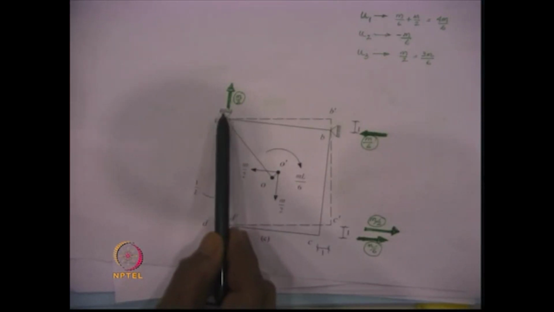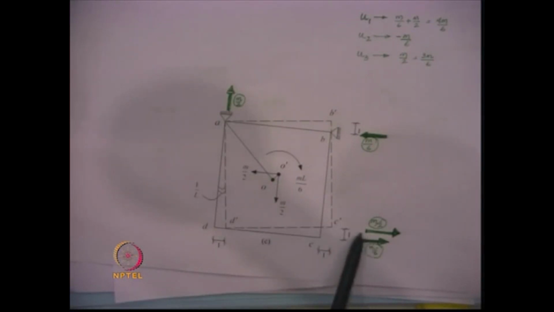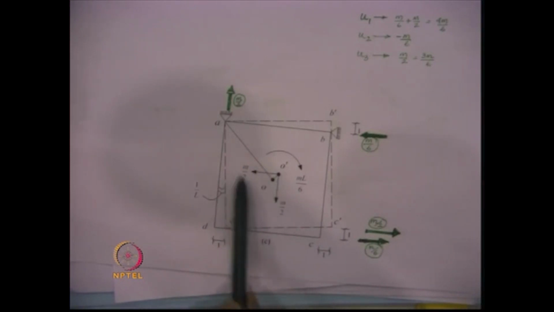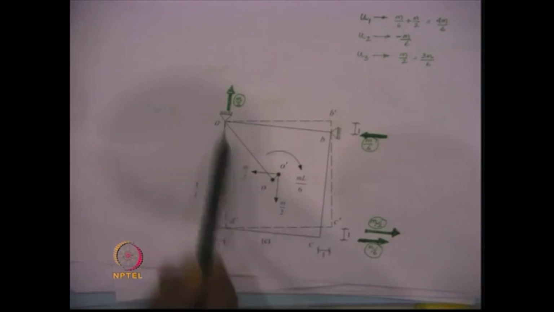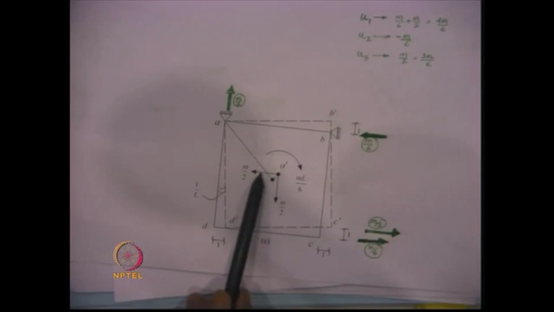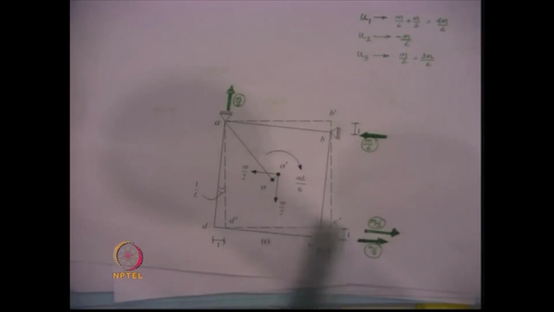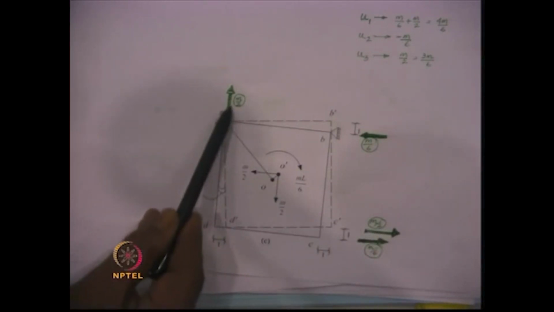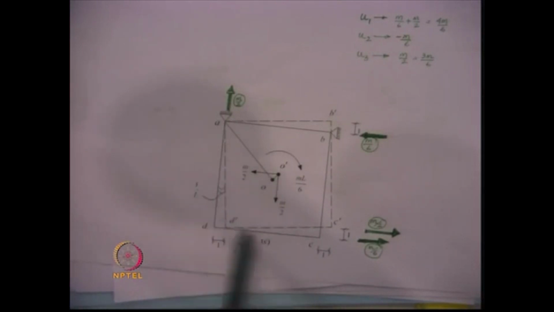Then this force and this force, these two forces are now generated. Now, these two forces equilibrate the inertia forces, that means these two forces make a couple, and this couple is opposed by this and this force as a couple. So, therefore, m by 2 force is generated over here, m by 2 force generated over here, so that the entire system is in moment equilibrium.